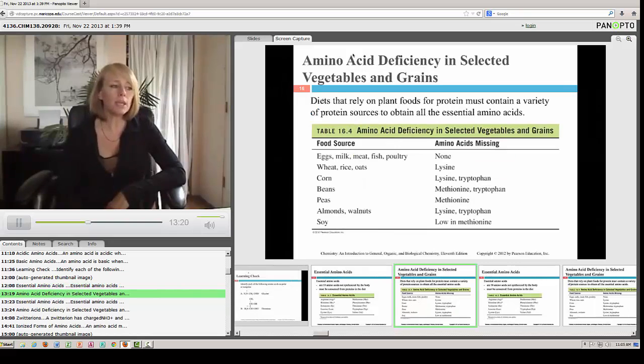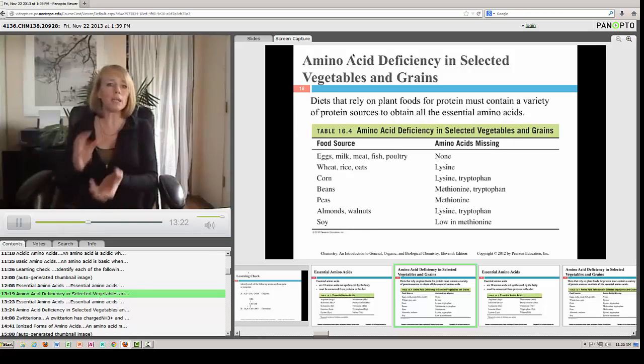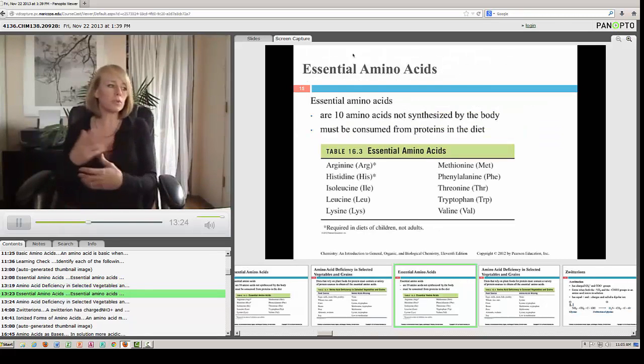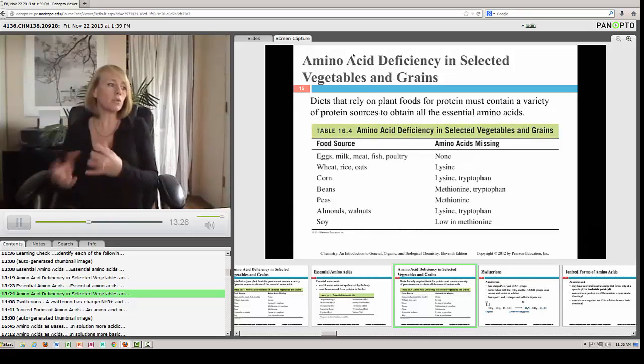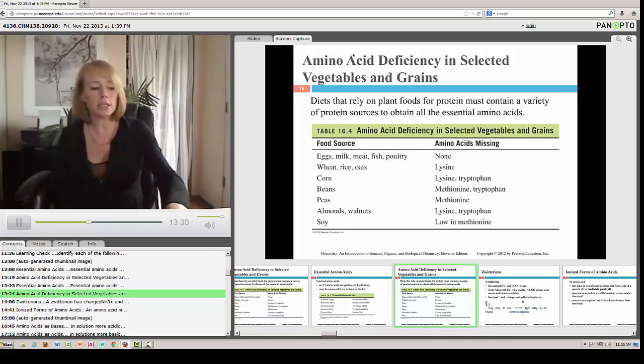You have to do sort of a combination of different vegetables and fruits and nuts in order to get the correct amount of amino acids in your diet. So make sure if you're a full-fledged vegetarian that you're checking out your diet with a nutritionist.